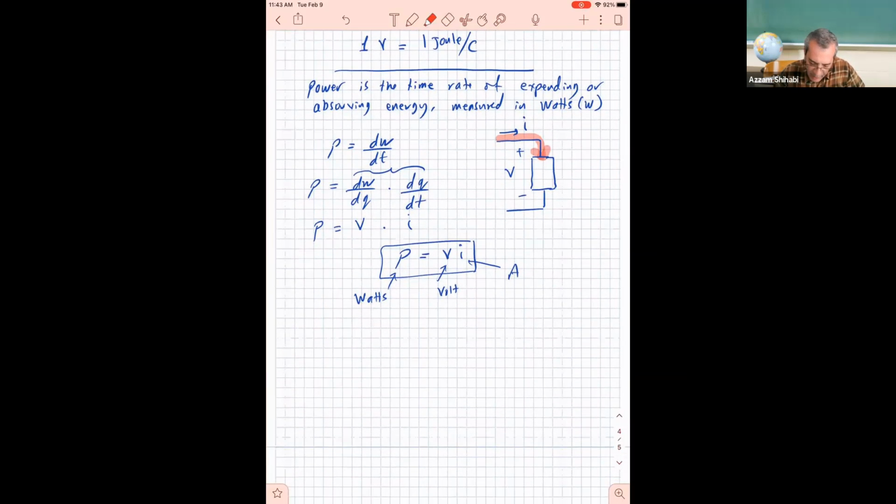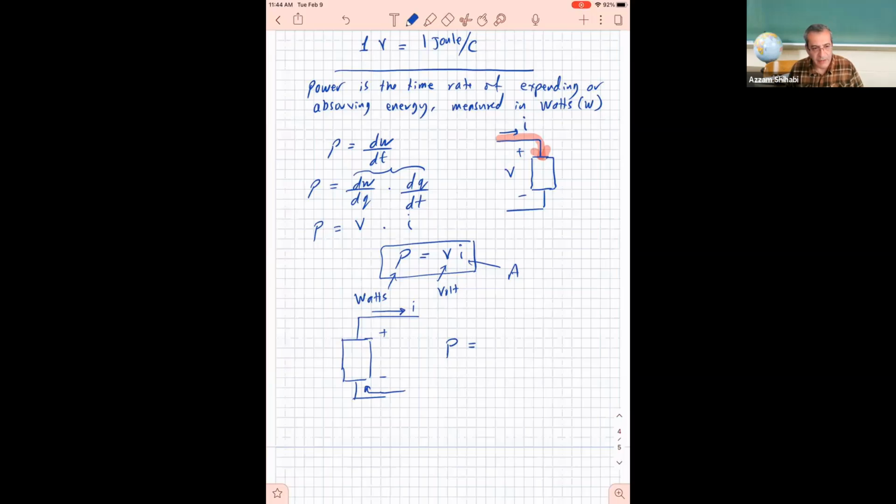Now, if we have a device like this one here, and this is the positive terminal, this is the negative terminal, and the current is flowing out of the positive, not going into, but flowing out of the positive terminal or flowing into the negative terminal, then the power in this case is what?